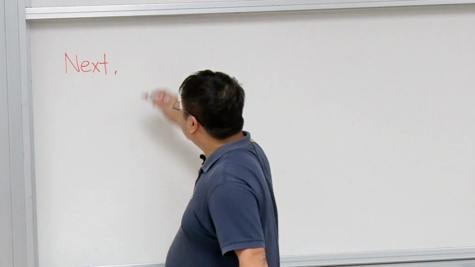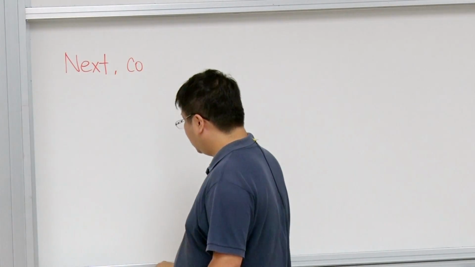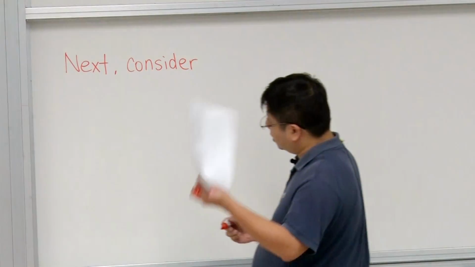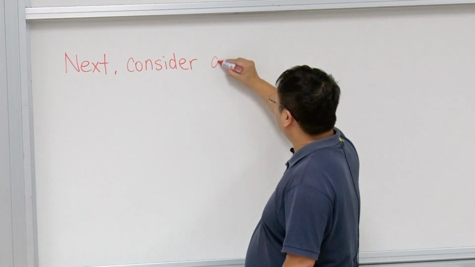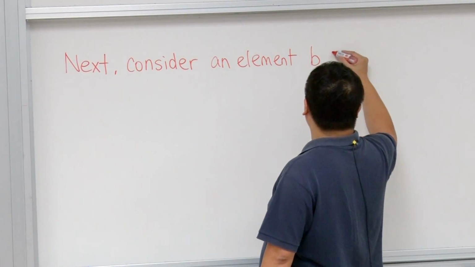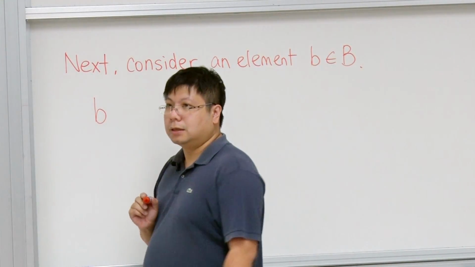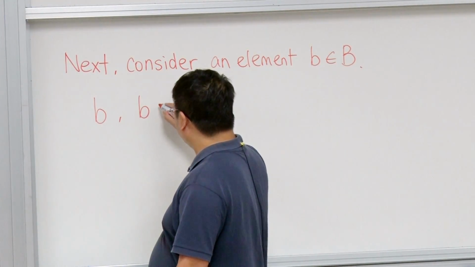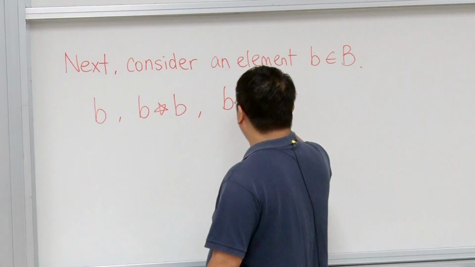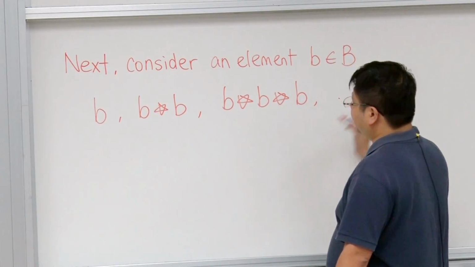Consider an element b in B. We start from b, and then we get b star b, and then b star b star b. Since star is associative, I don't need the brackets. And so on and so forth.